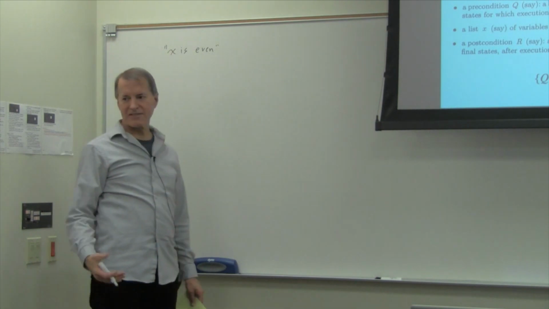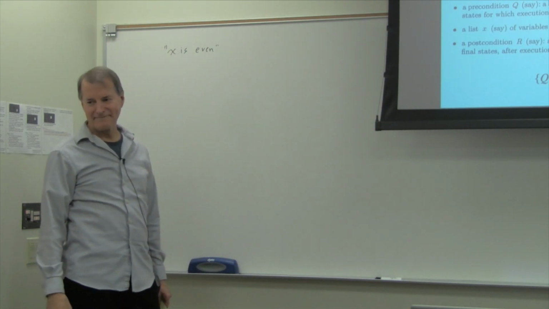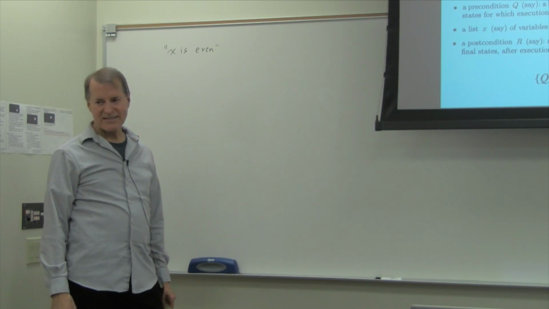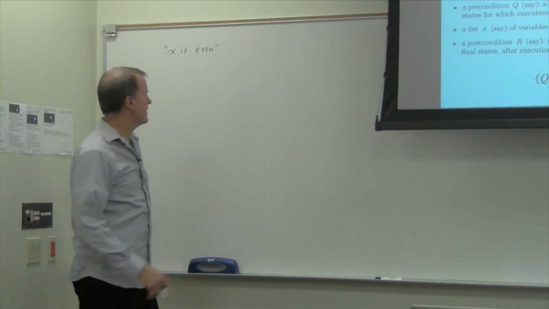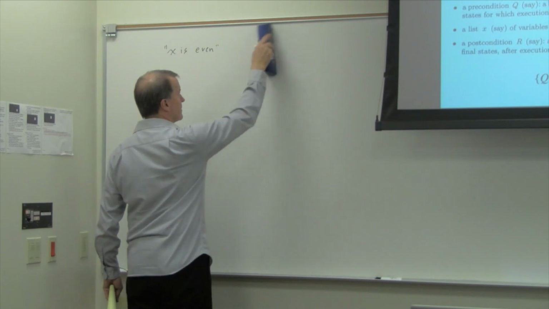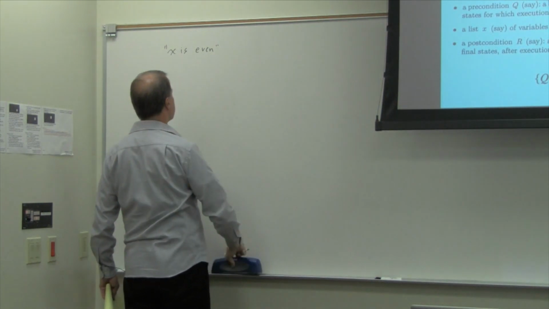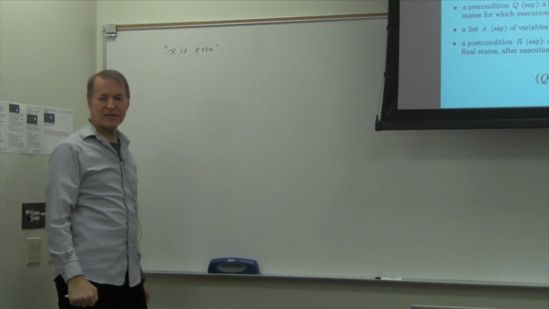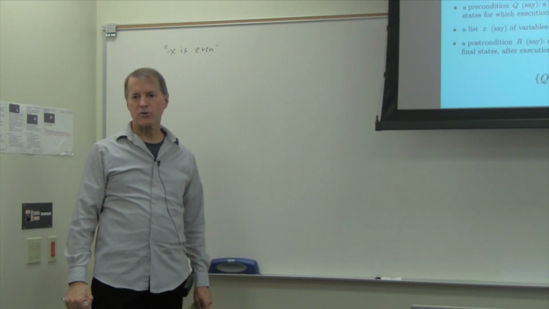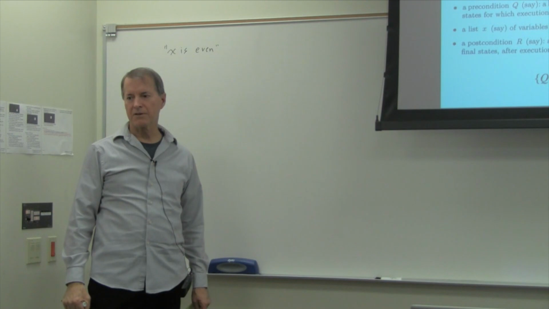Now, what does it mean for x to be even? We've done this three or four times. Set over i? No, it would not be set. Okay, Ben, what has to be true? Why is 12 even?